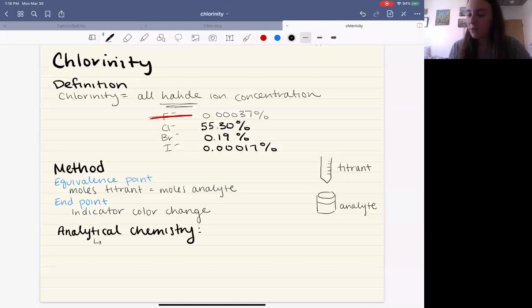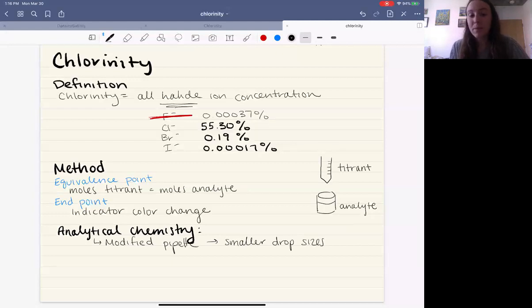One thing that we do is, instead of using a burette, we're going to use a modified pipette. Okay, in titration where you use a burette, the drop size is very big, and by using a modified plastic pipette, you can get your drop sizes much smaller.